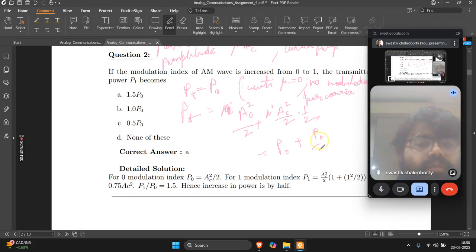P naught plus P naught by 2, so it is 1.5 P naught. So P naught goes to 1.5 P naught.